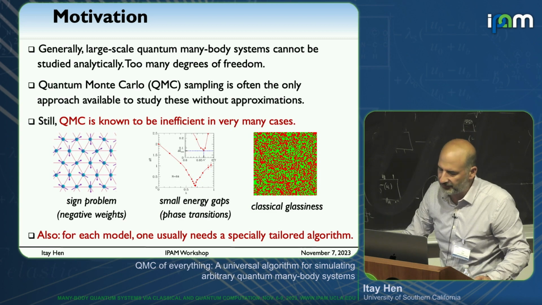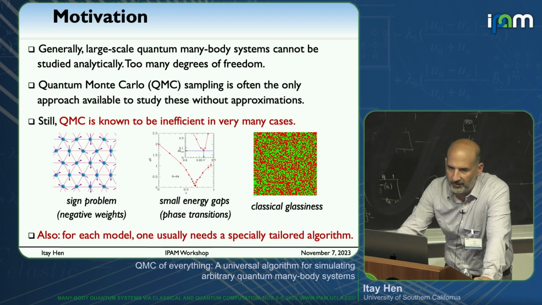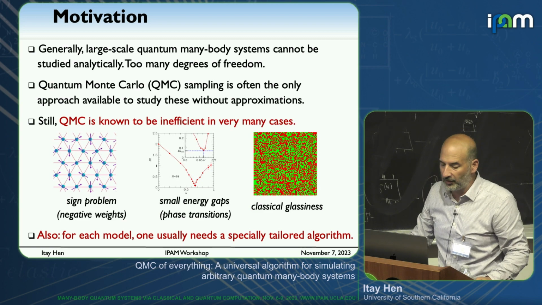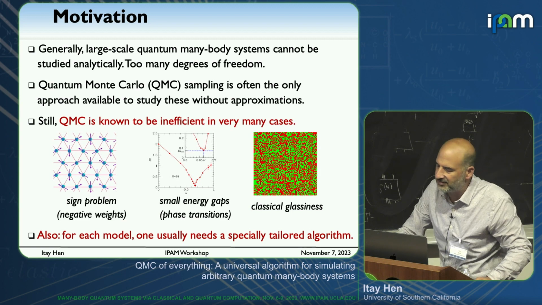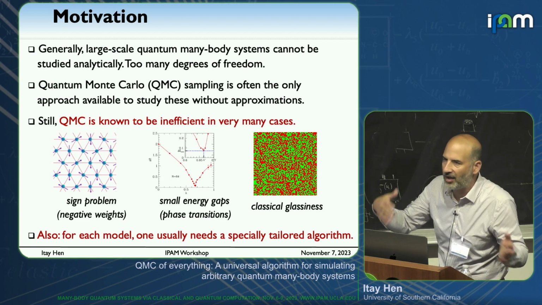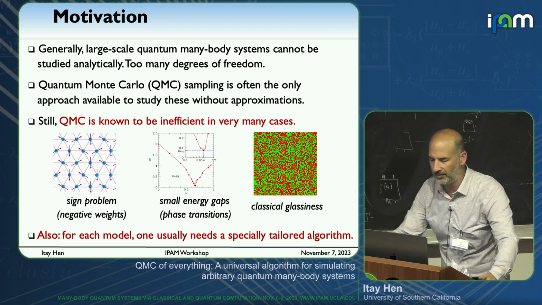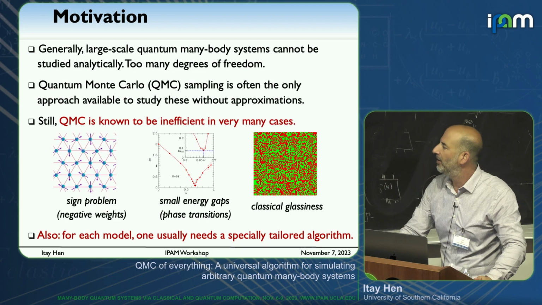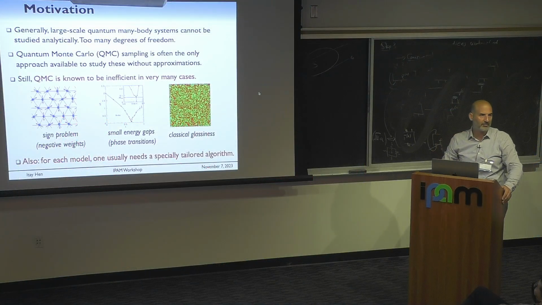Sometimes we have small energy gaps, like if we have first-order transitions, then QMC will take a very long time to equilibrate. We can have classical glassiness, like these Ising models where all the low-lying energy minima are very far apart, and so it's very difficult to find the ground state.